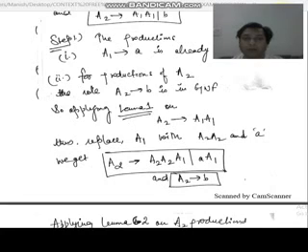So this is how, after applying, we will get the production rules of this form.